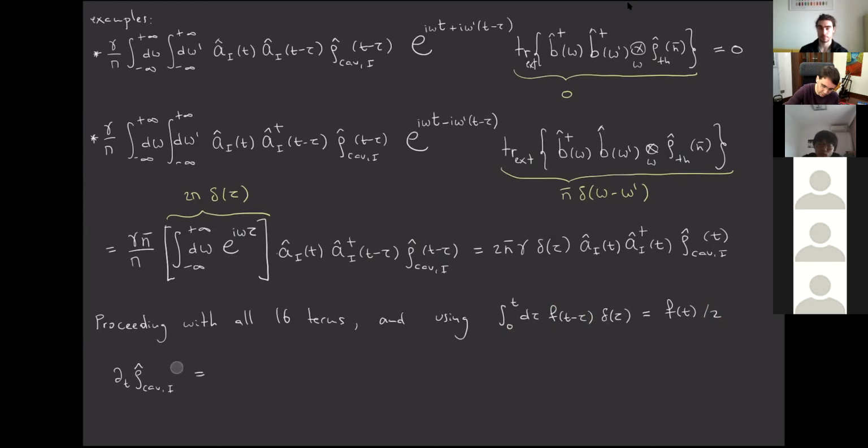So I don't write the time dependence now, because you see that now all the time dependence is local. So it's time local, it's Markovian, it's everything at time t. And then we get this expression here. So don't worry about how long it is, because you are going to get very familiar with this type of expression, as we will discuss in a second. So let me write it down.